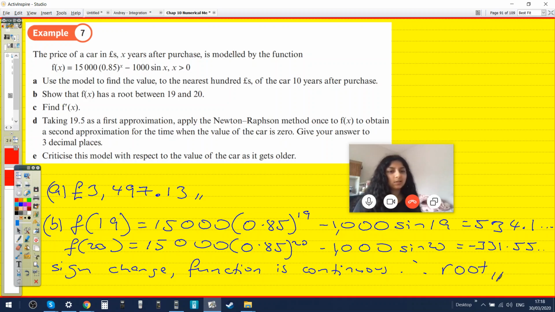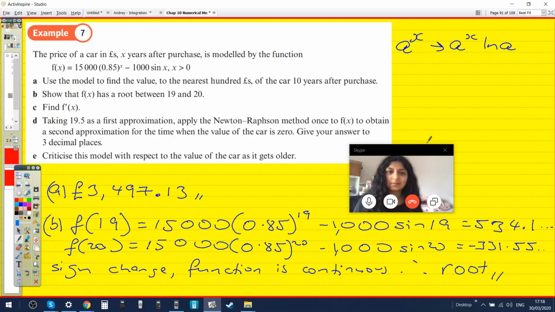Oh my god. How do you differentiate something like 0.85 to the power of x? I think there's a formula, but I don't actually remember. It's like a to the x ln a or something.